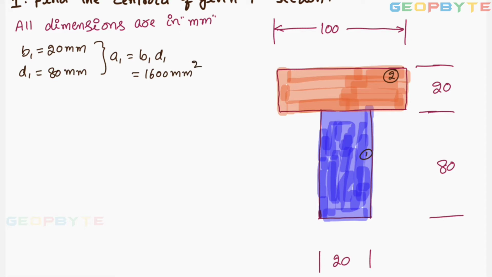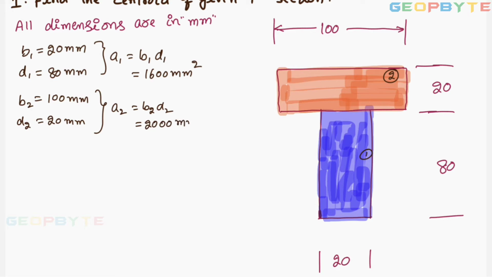Similarly, for section 2, breadth equal to 100 mm, depth equal to 20 mm. For this, A2 equal to B2 into D2, 100 into 20 equal to 2000 millimeter square.